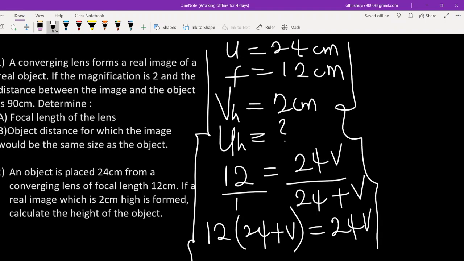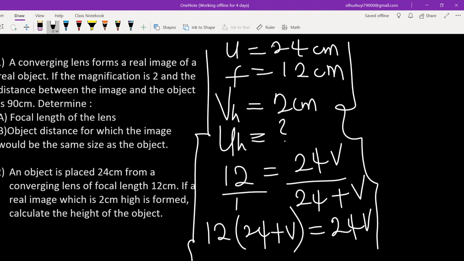Are you seeing that? So you do your cross multiplication, then your expansion. We are looking at how we get the value of V, such that after getting V, we can go ahead to do other calculations.